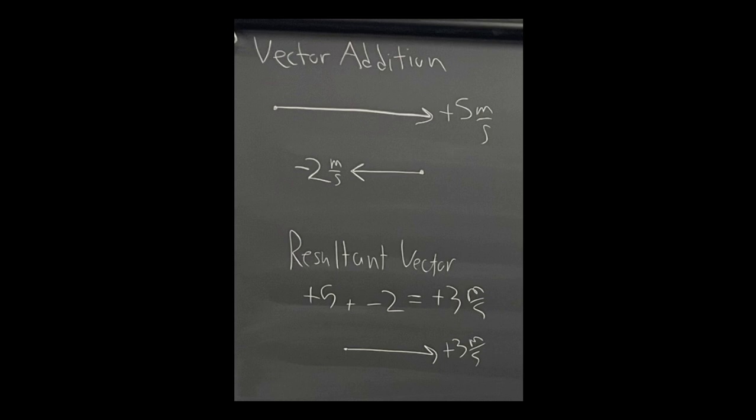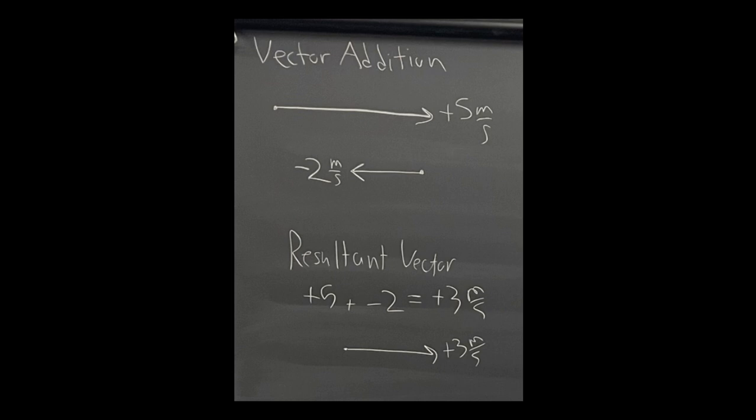When it comes to vector addition, it's not like scalars, where if we had 5 grams of something and we mixed it with 5 grams of something, that would be a total of 10 grams. For vector addition, we need to make sure that we only add vectors that are parallel to each other.